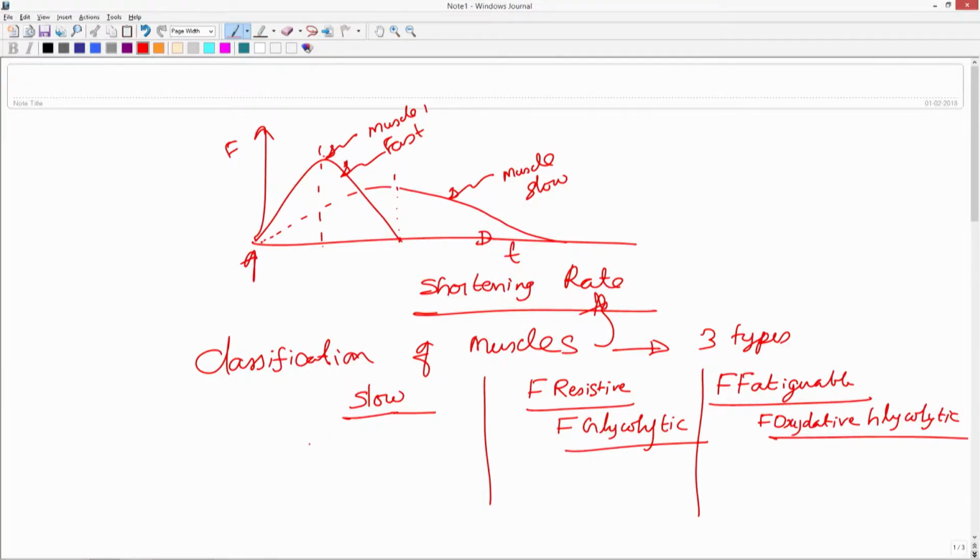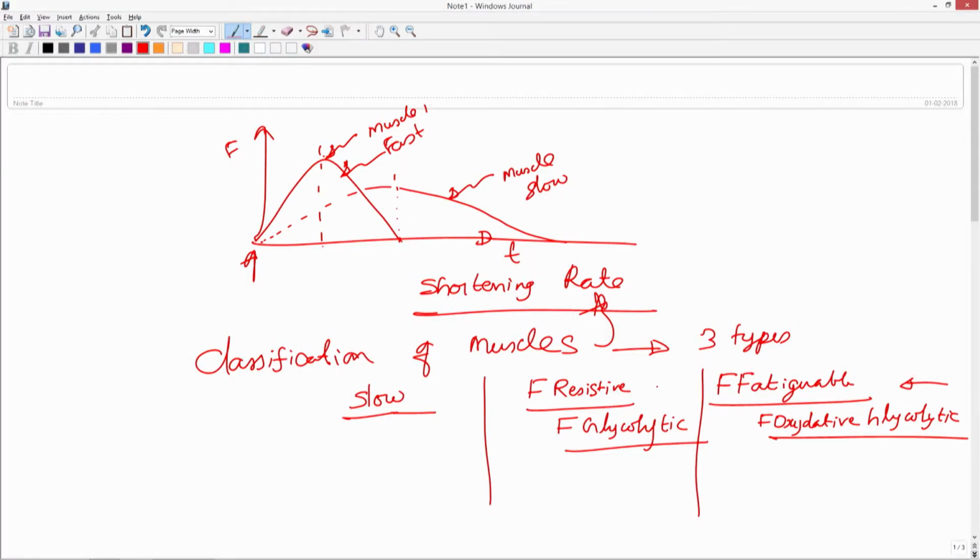One way to identify each of those muscles is by looking at the color. The slow muscles are red in color, whereas the fast fatigable muscles are white in color, and this one is pink in color, because slow has a lot of oxygen in it, a lot of energy in it.